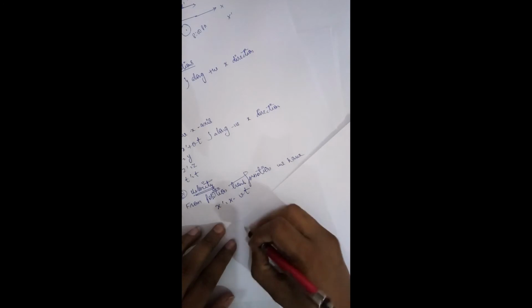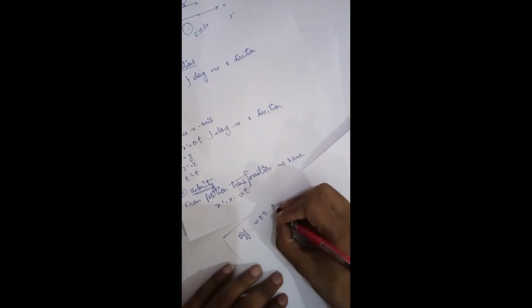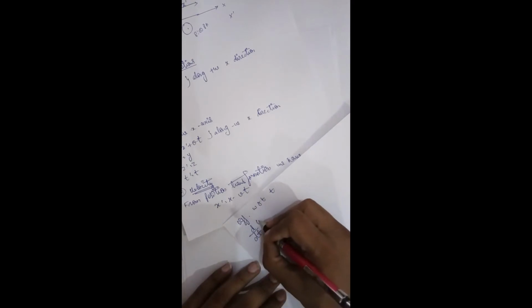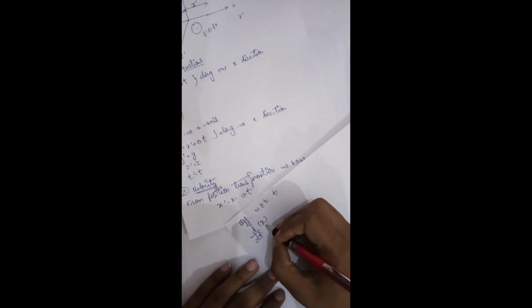Now differentiate this equation with respect to t. So what we will get: d upon dt of x dash equals d upon dt of x minus v d upon dt of t.